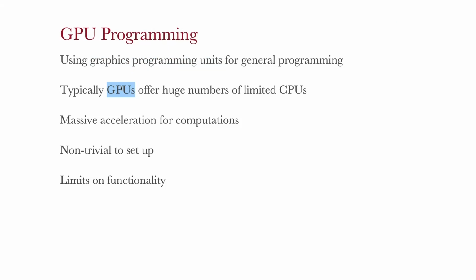I mean, they're Turing complete and everything, but they're not quite as flexible as the CPU on your machine. Nonetheless, they can be used for certain types of computations, and they can give massive accelerations. They're non-trivial to set up, and the code that runs on them is subject to incredible constraints, which also makes them non-trivial.